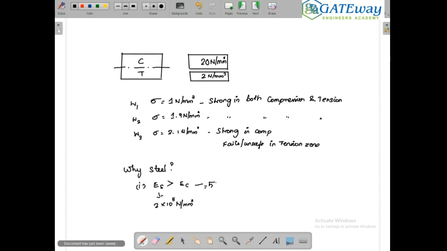It is 5000 root fck. If the grade of concrete is M20, take root fck as 5 for easy calculation. Then 5000 into 5 is 25,000.